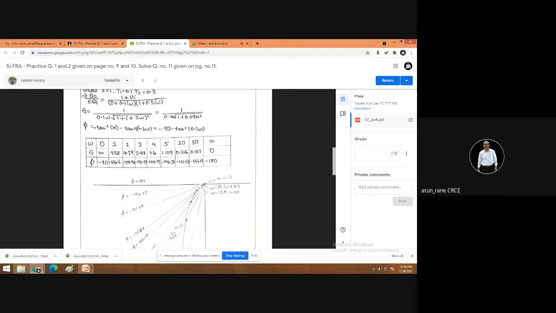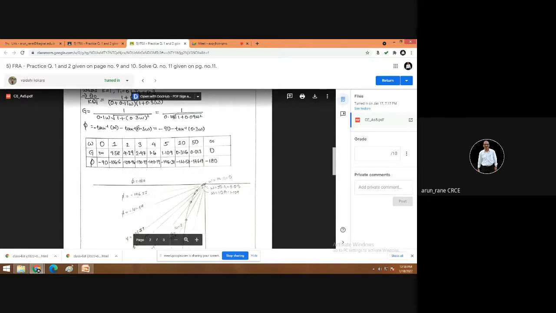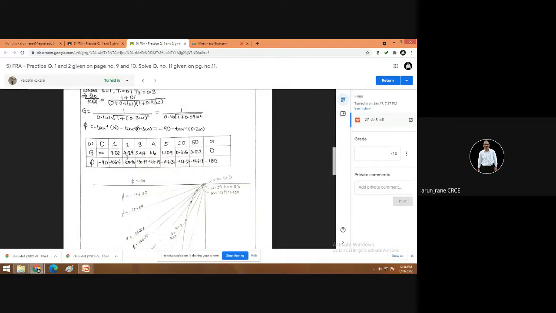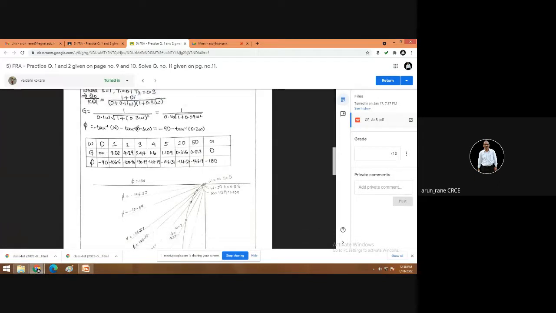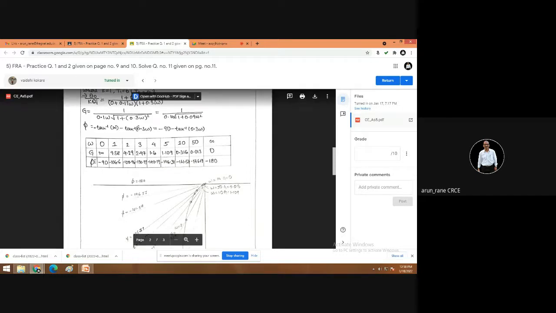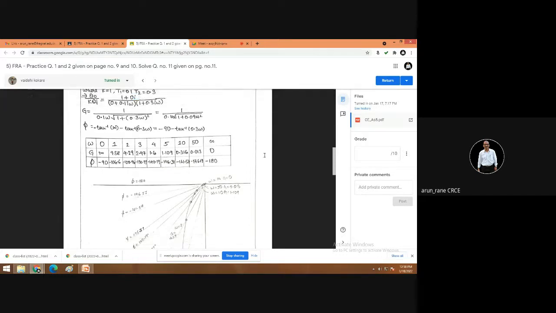If you substitute 1 here, 9.58 and then 4.9, so it is reducing and reducing, and when you substitute infinity, this will be 0. So from infinity to 0, from higher to lower, from bigger to smaller, that is your G.